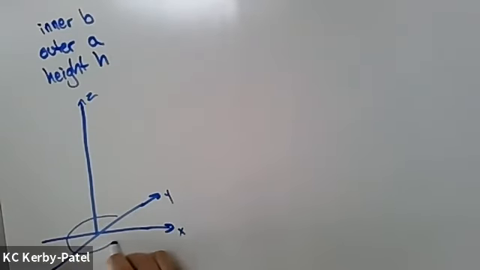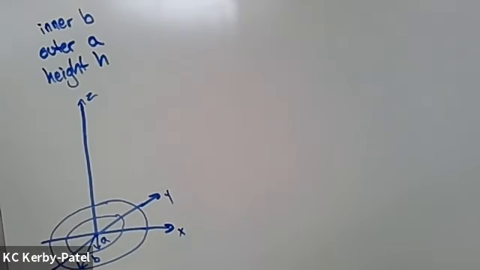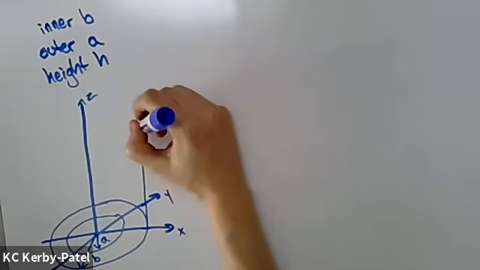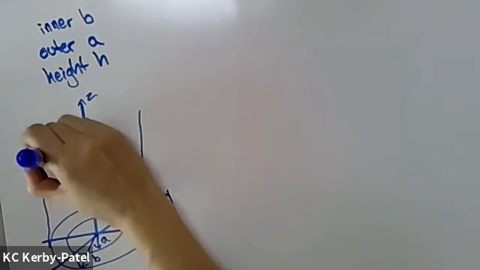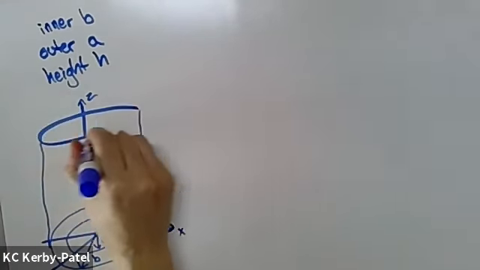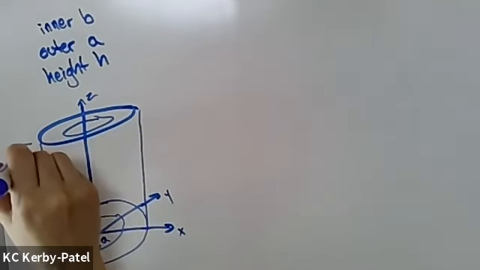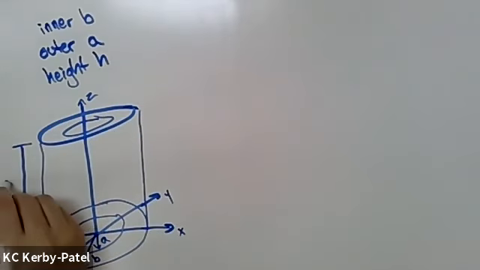I have the inner radius, which is A, and I have the outer radius, which is B. And I'm trying to calculate the volume of the cylindrical shell with these dimensions and height H. So I'll draw it over here. That's the height H.